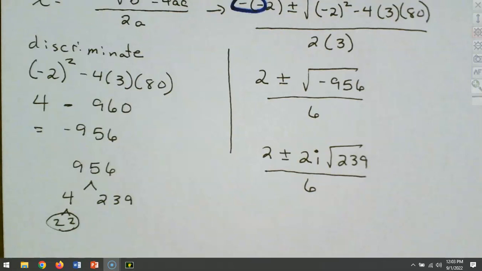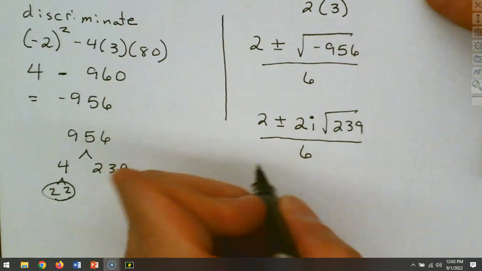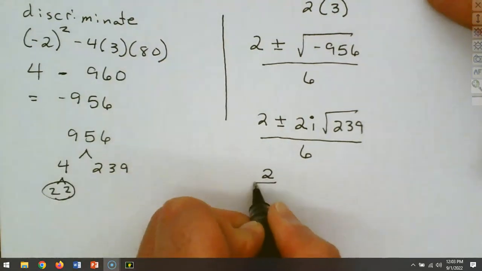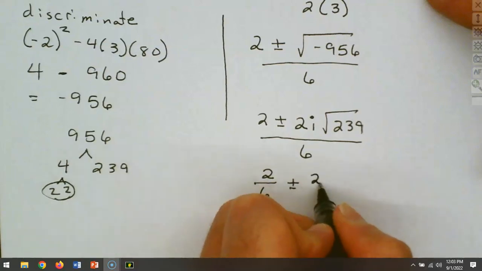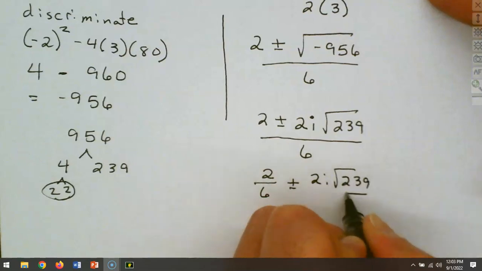We need to break this up just like we did in 1.3. So we need to now break this into 2 separate fractions so that we can reduce. So this is going to break down into 2/6, then plus or minus 2i square root of 239 over 6.